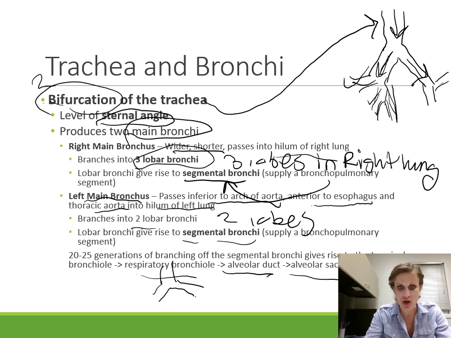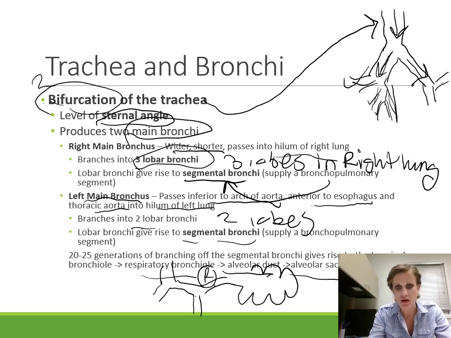Okay, say these are my bronchioles. I'll have a respiratory bronchiole here, my last little bronchiole, and that opens up onto an alveolar duct. The alveolar duct runs along the center of this alveolar sac. And the alveolar sac is literally a sac of alveoli.